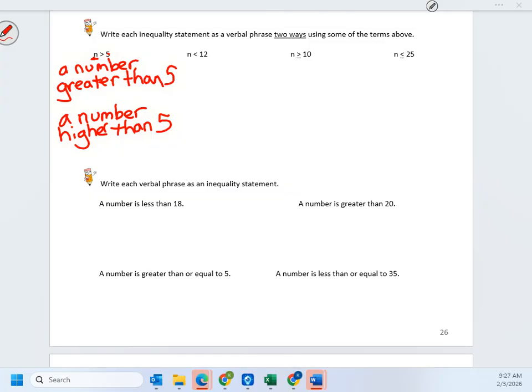Only do it if you truly understand it. If you understand that 5 is less than the number, it would still be a correct statement, right? The number is greater than 5. The opposite of that means 5 is less than that number. Don't go backwards if you're not sure. Just read it from left to right.